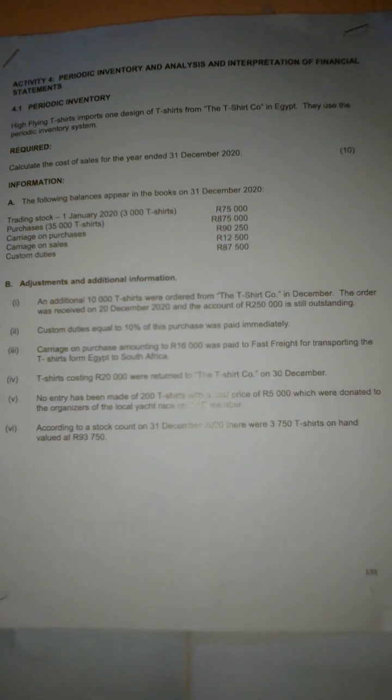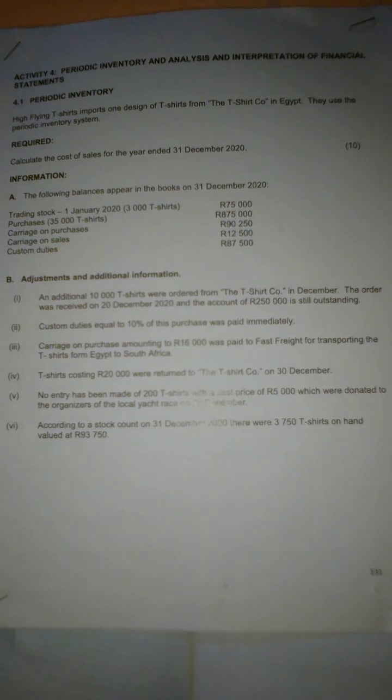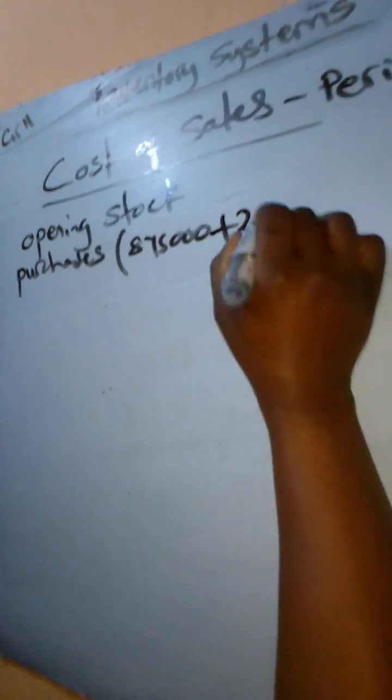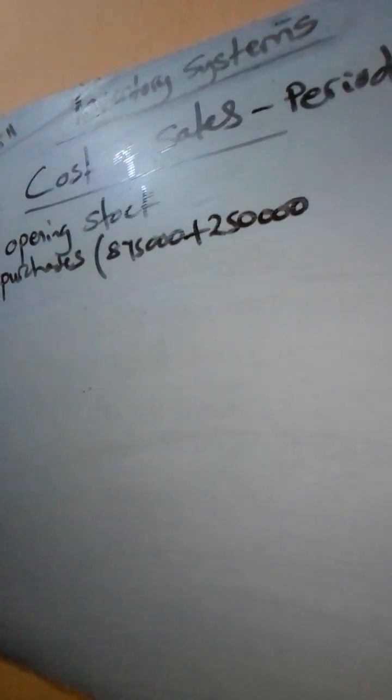The order was received on 20 December 2020, and the amount of 250,000 is still outstanding. So we are going to add that 250,000 for the additional t-shirts that were purchased. Even though the money is still outstanding, it's still a part of our purchases, and we will always add whatever is outstanding.